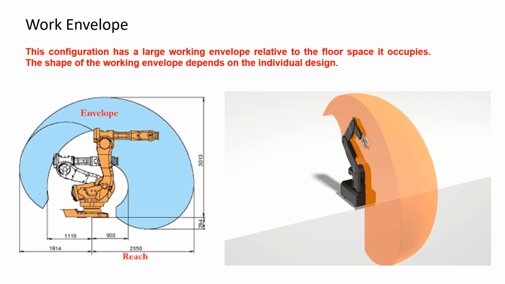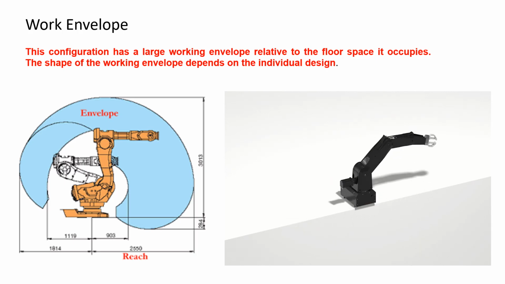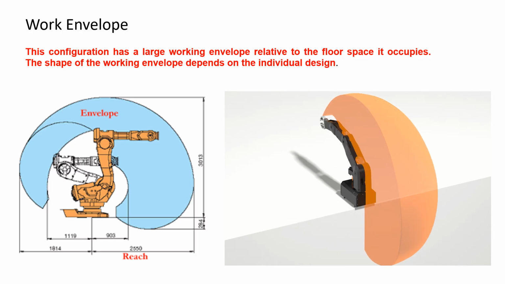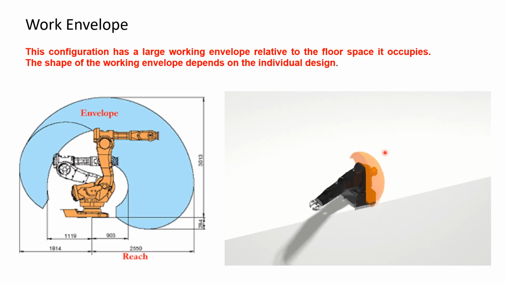They can have two joints, three joints, four axis, six axis, seven axis. Depending on that, their work envelope can vary, but here we can observe the work envelope. We can see this cross section, and this shows the 3D space.